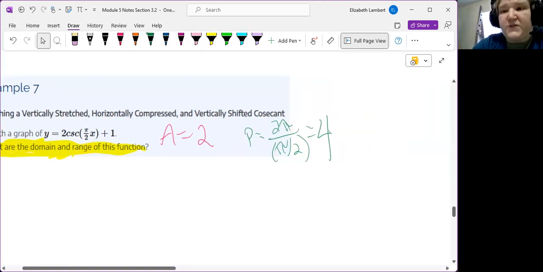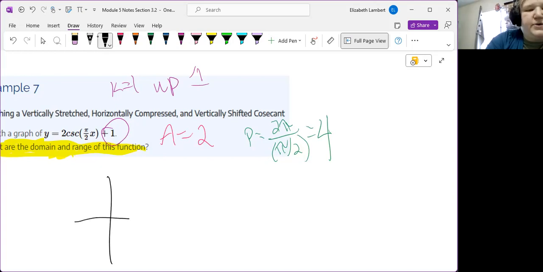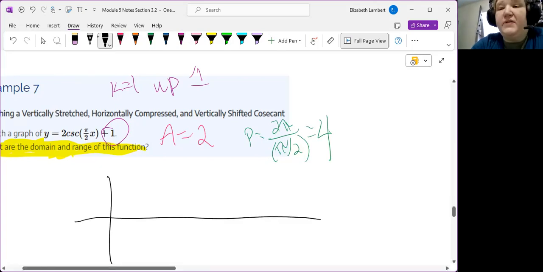Well, that's going to be really nice for our subdivisions. And then we have this goes up 1. All right, so let's go ahead and graph our sine. We don't have a left or a right shift, but we do have that up 1.